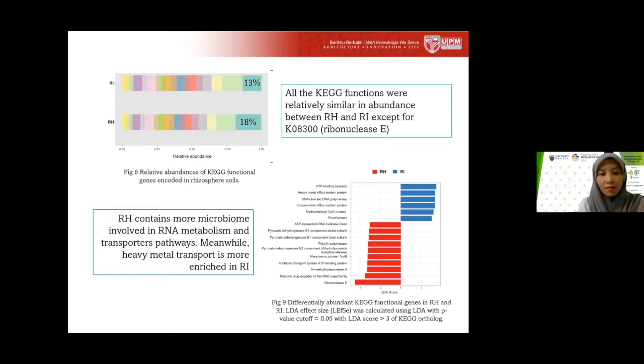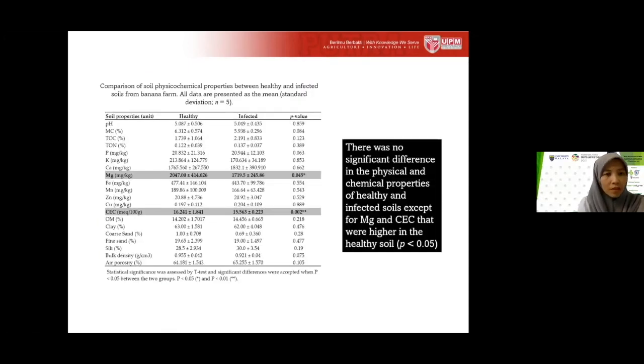So the differences in the bacterial community composition can also be related to changes in the soil variables. In this study, only magnesium and CEC were significantly higher in the healthy soil.